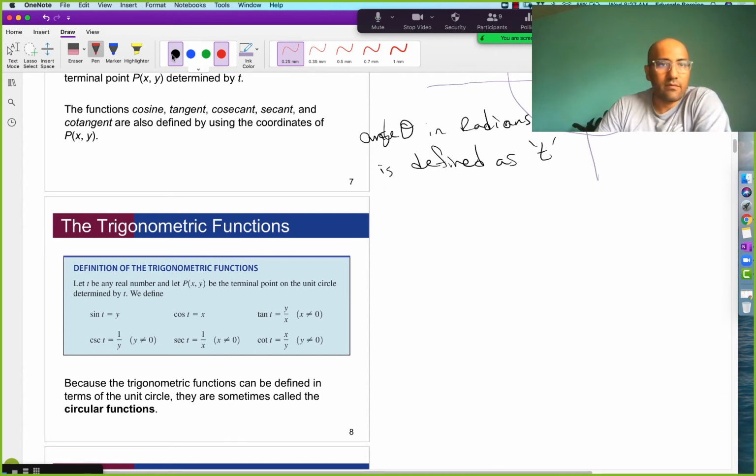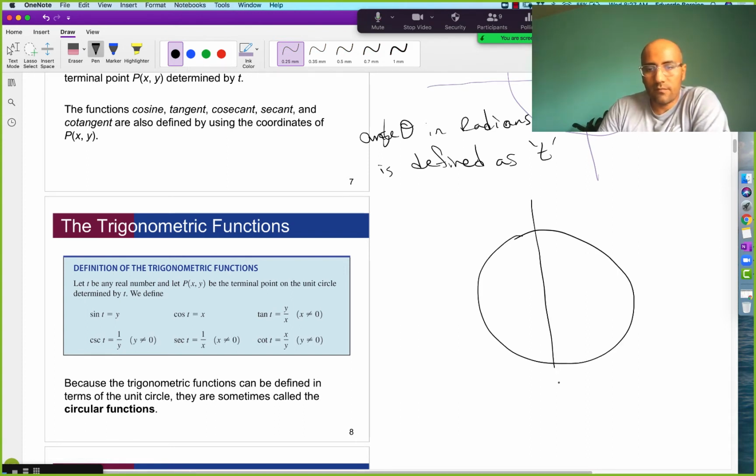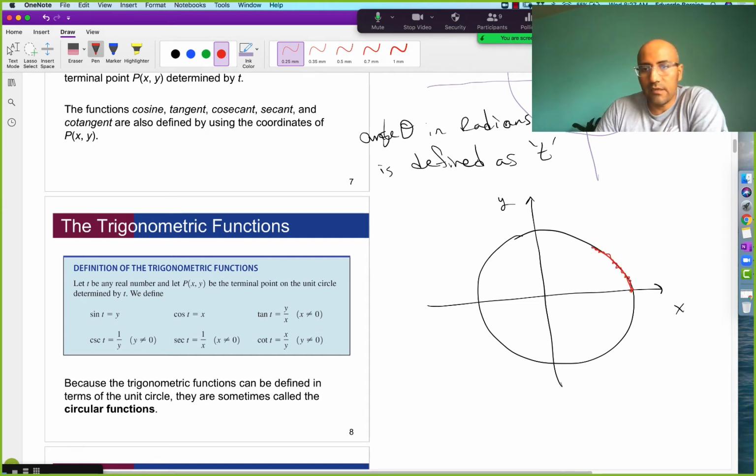So we have this unit circle, and we're going to define a terminal point defined by some value t. I know that in chapter 6 that means we're talking about angle t in radians, but in this chapter we're only talking about the distance traveled along the unit circle.